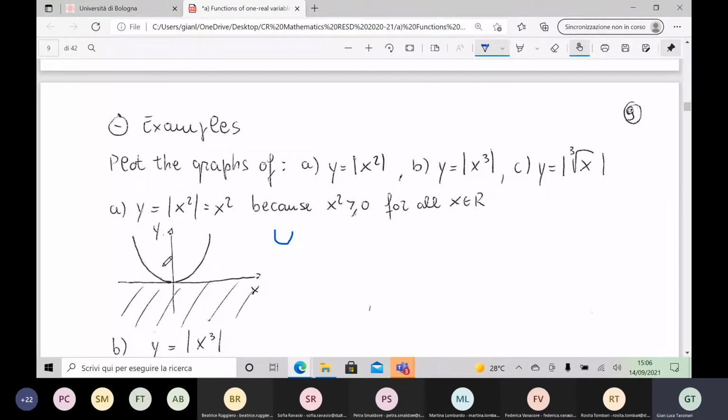So we find out one point of intersection. And you know, when you have only one point of intersection with the horizontal axis, this means that the point of intersection is obviously the vertex. So you have to do nothing more. You simply plot directly this parabola. And the graph of this parabola is equal to the graph of the absolute value of x squared.